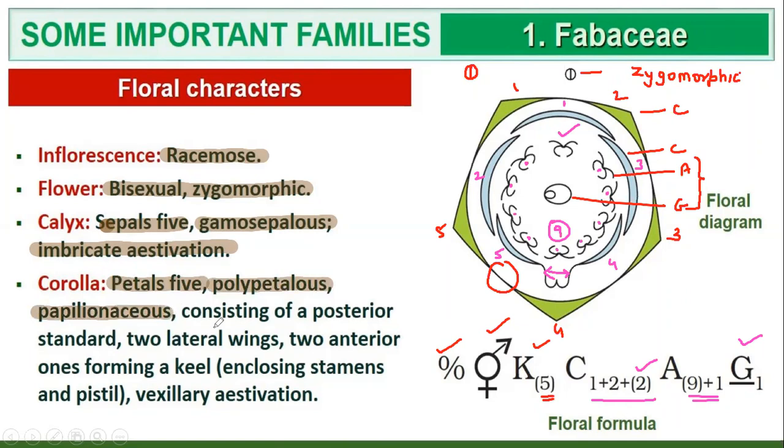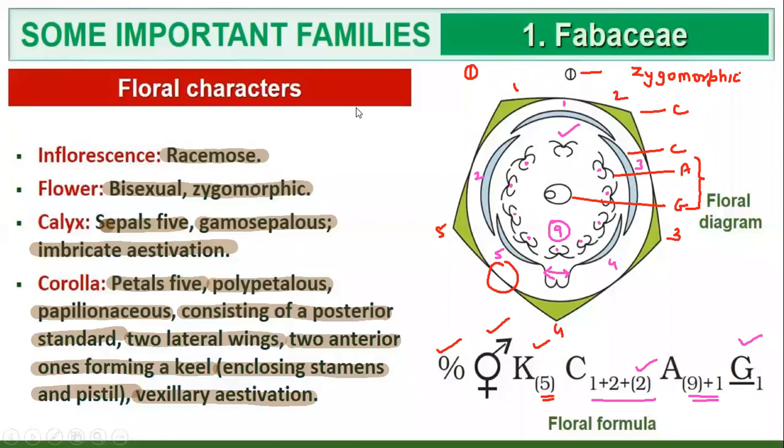It is papilionaceous, consisting of a posterior standard, 2 lateral wings and 2 anterior ones forming the keel. Keel is also called carina, enclosing the stamens and the pistil. It shows vexillary aestivation. Papilionaceous flower means it is a butterfly-shaped flower. Like this we can remember the characteristics.